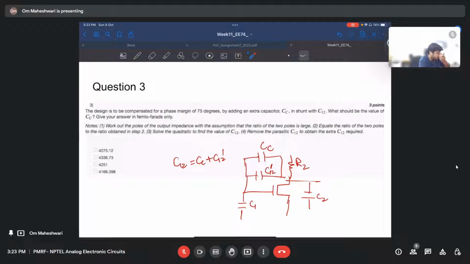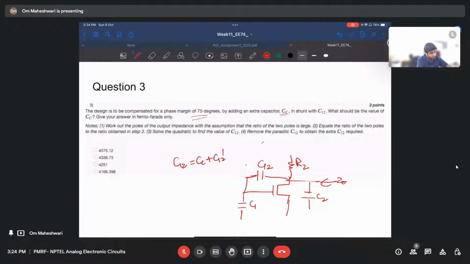We will see what compensation is later, but till now we just know that they have added some CC here, and now, for simplicity, I'll write it as C12 only. And we have to find this CC for which phase margin is 75 degrees.